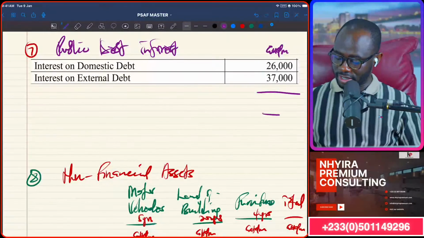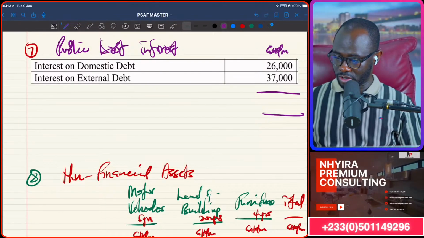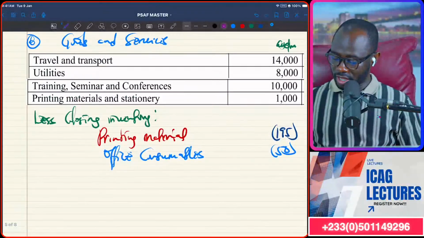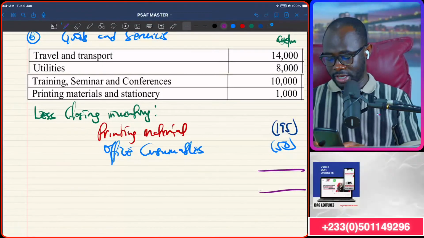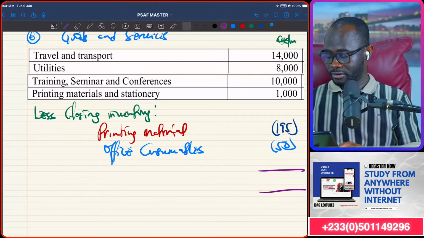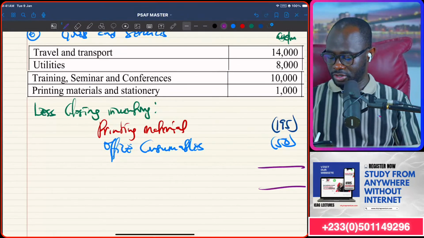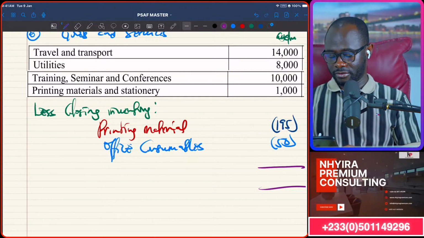We come to public debts, interest. There were no other nuances, so 63,000. Then we come to goods and services: 14,000, 8,000, 10,000, 1,000, 195, 50.